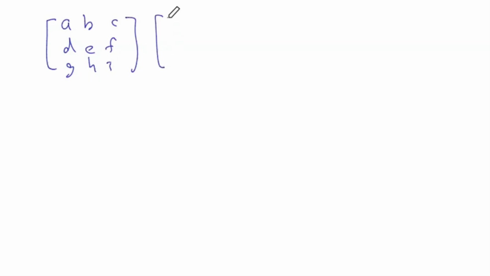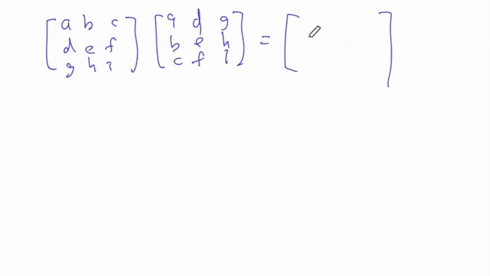Let's say you just assume that this matrix is a matrix with variables A, B, C, D, E, F, G, H, I, and then what is the transpose of the matrix? Then you find the result of the matrix multiplication, you get a matrix, and then you find that this one and this one are similar.